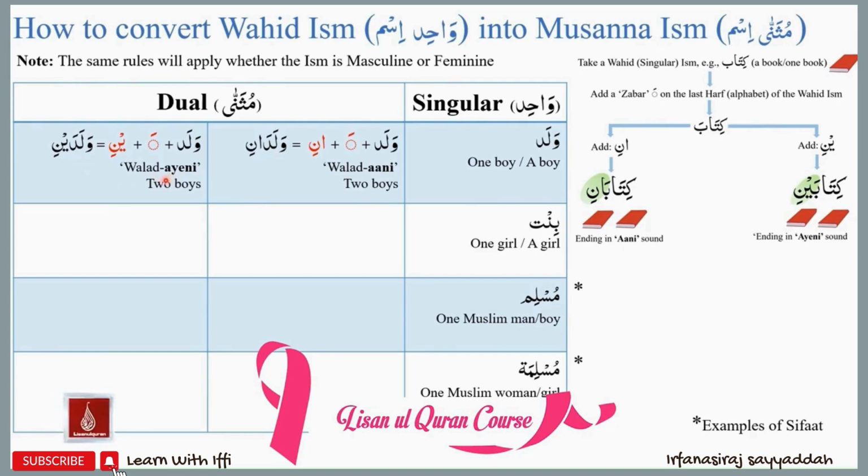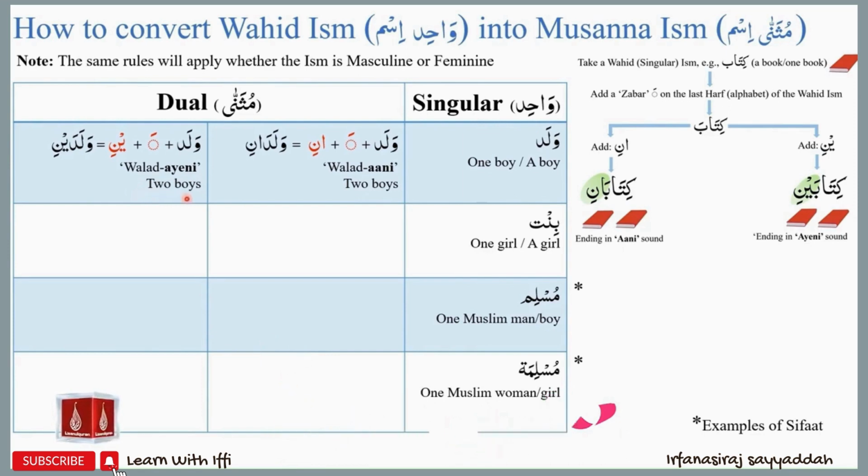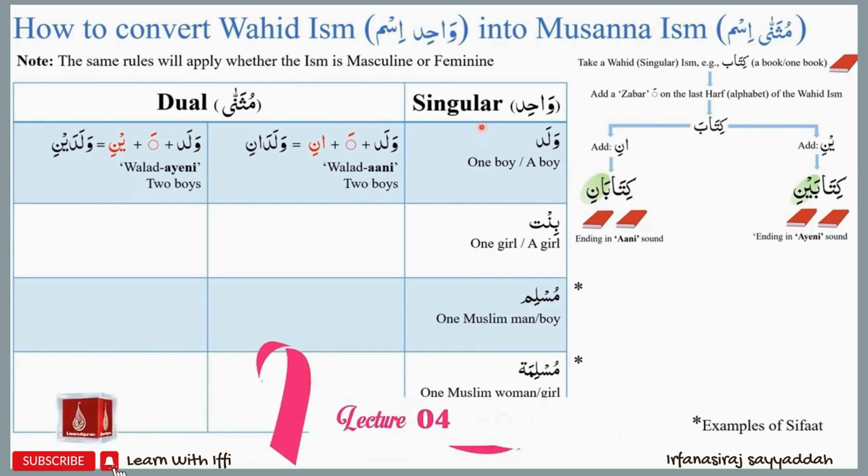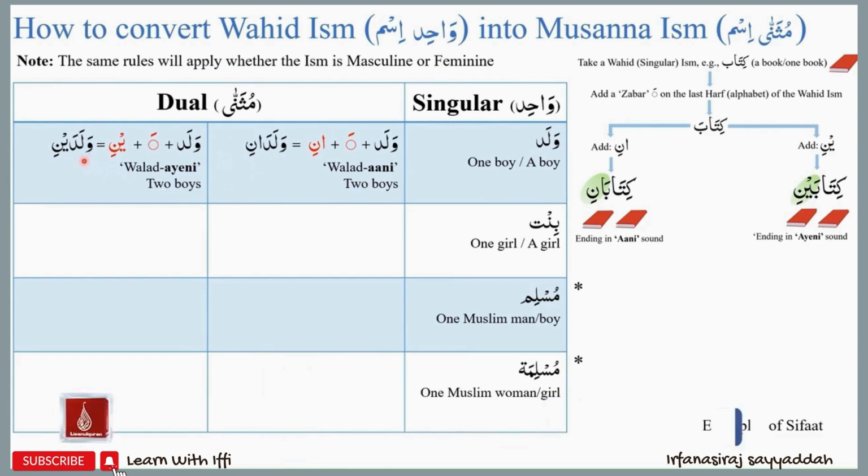Note the ending sound of aini here. Waladaini means two boys. So the singular ism is walad, and the dual or musanna ism will be either waladani or waladaini. Both waladani and waladaini mean two boys.